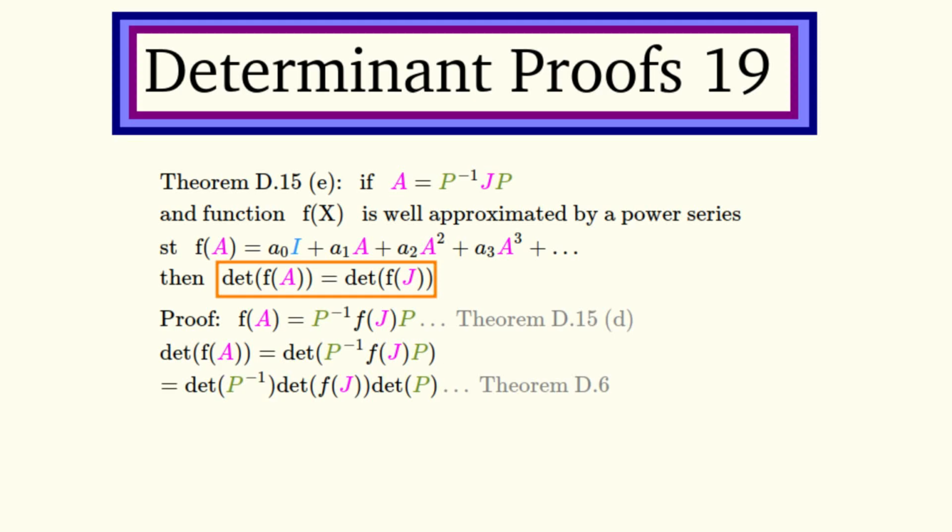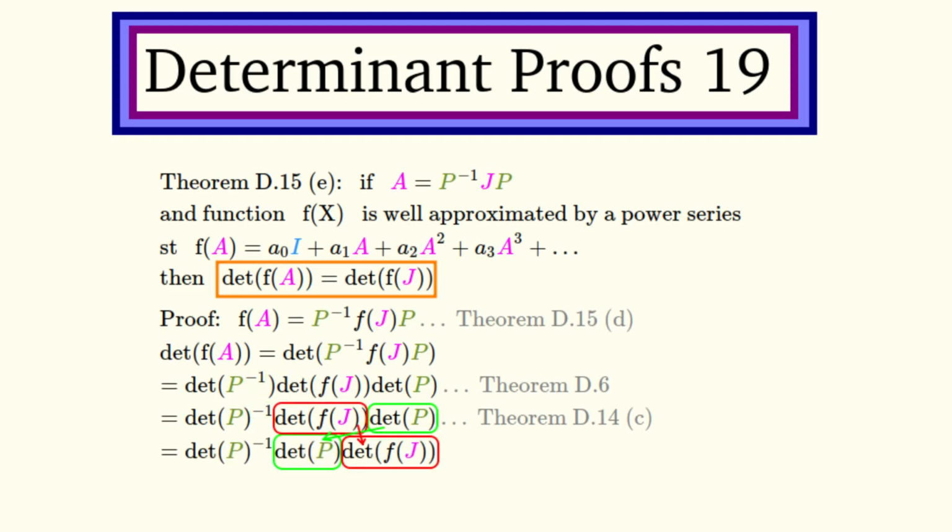We can get this product of determinants using a past theorem. We can move this index outside the determinant function like this, according to a past theorem. Then we can swap these two determinants around because they are either real or complex numbers. And these two scalars cancel to give us this determinant, which completes part E of this proof.